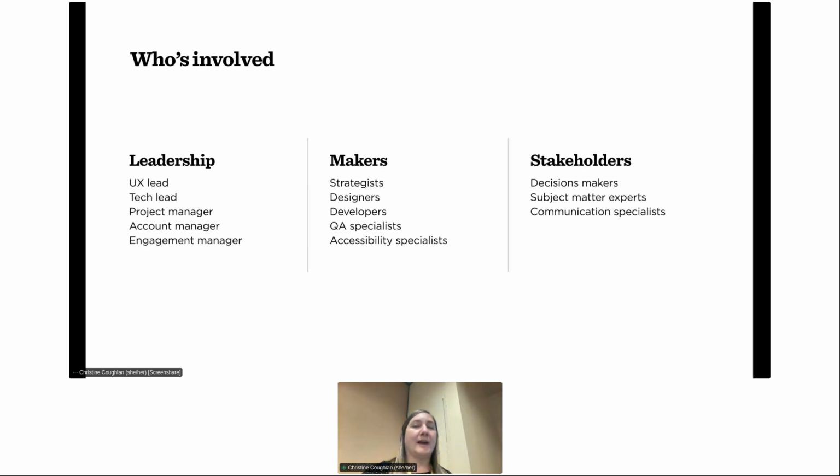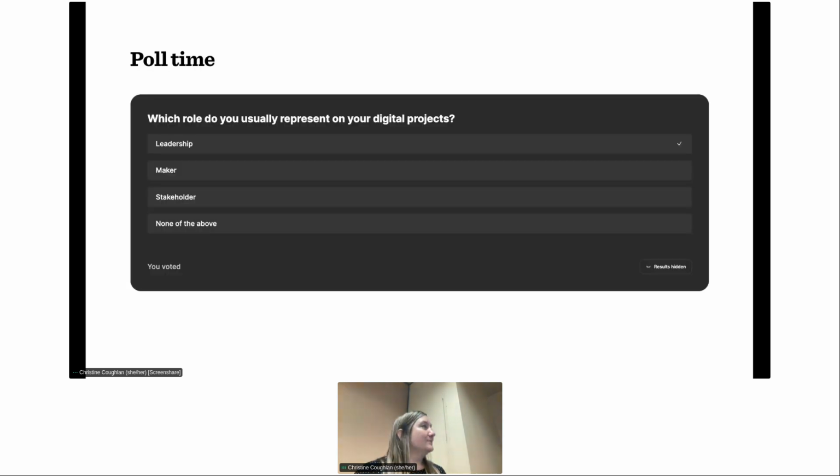So these are the 3 kind of categories that we're thinking about. And again, much of today's session is going to be focused on what can these people here in this leadership role do to ensure that we make a really solid product and have a solid kickoff process or project initiation phase.